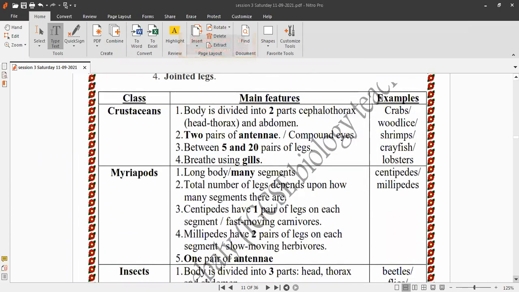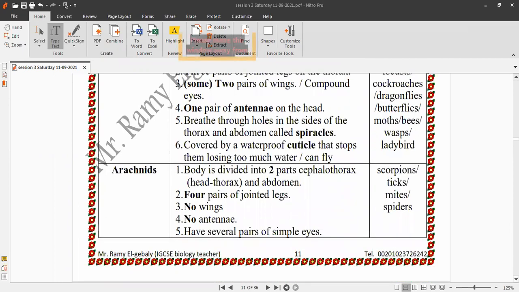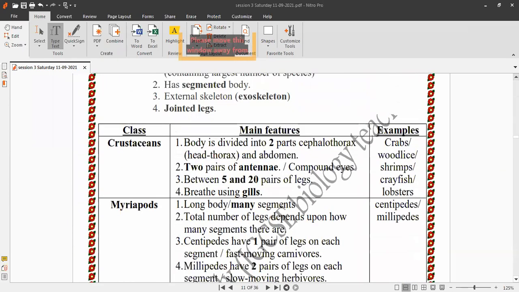Arthropods have 4 classes. The first class, crustaceans. The body is divided into 2 parts: cephalothorax, that means head and thorax, and abdomen.